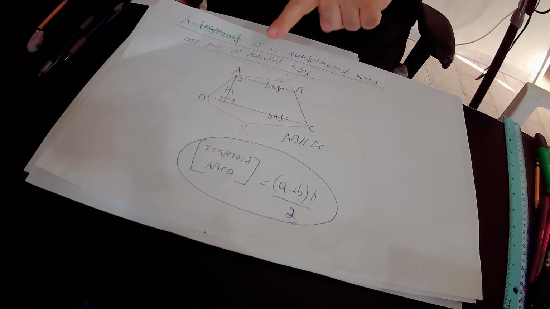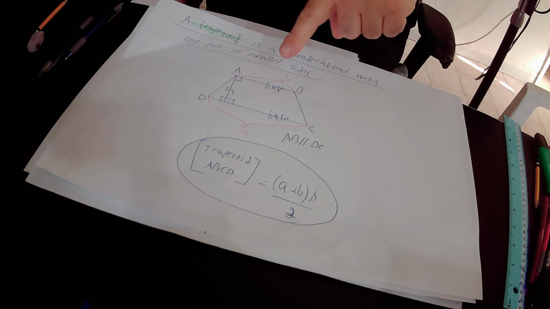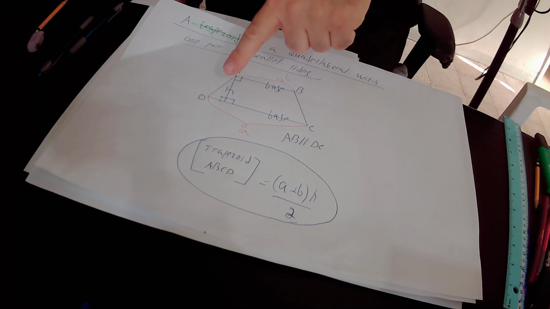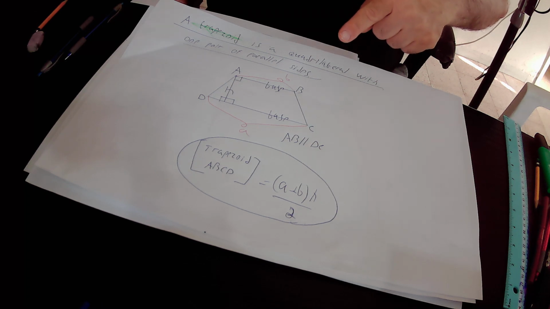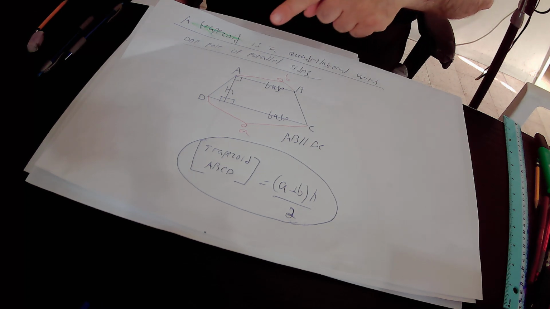Here, the height h must create 90 degrees with the two bases. You can see here that the height h creates 90 degrees with the base AB, and it also creates 90 degrees with the base DC. So in conclusion, we found out that the area of trapezoid ABCD equals A plus B times h over 2.